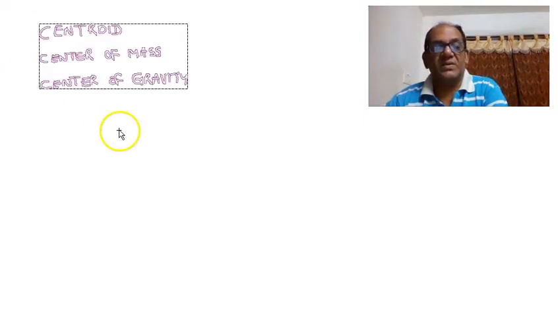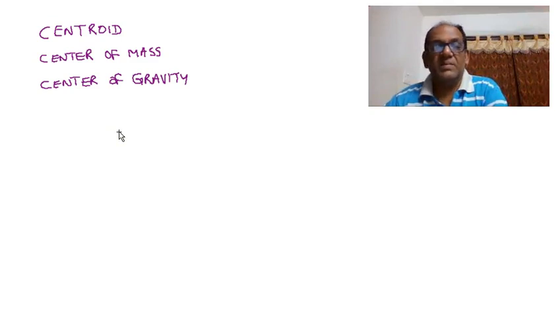In the present discussion, we have been talking about topics such as centroid, center of mass, center of gravity, and in specific, we started looking at the topic of locating centroid of plane figure.